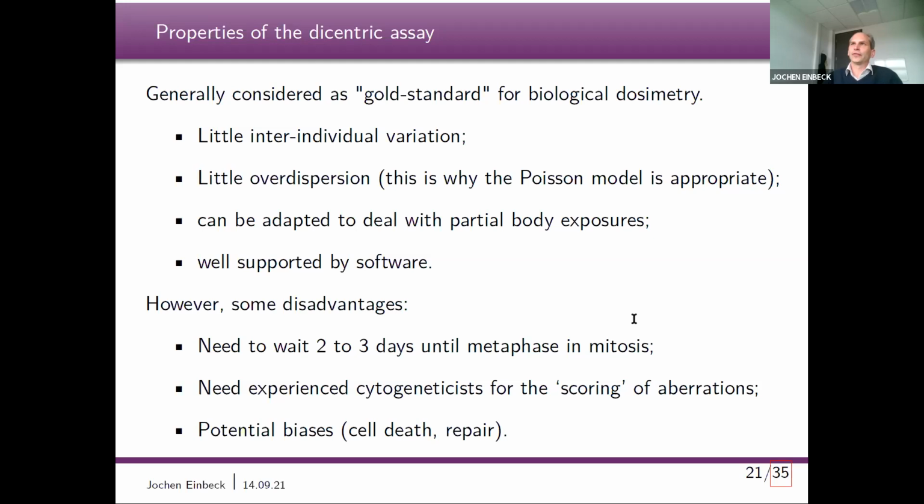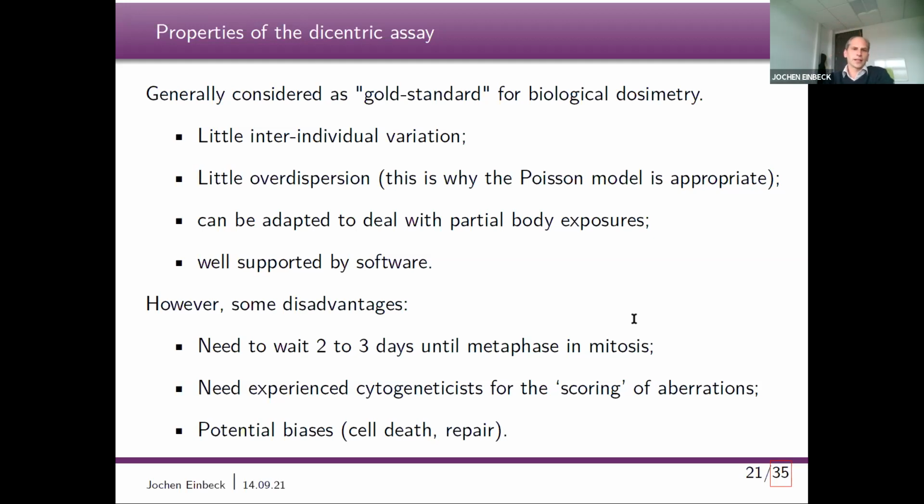So if person A or person B get exposed to the same radiation dose, then that will typically incur a similar degree of damage in them. There is relatively little overdispersion. The overdispersion is the variance to mean ratio, and that is relatively close to 1 here. And this is why the Poisson model is appropriate.